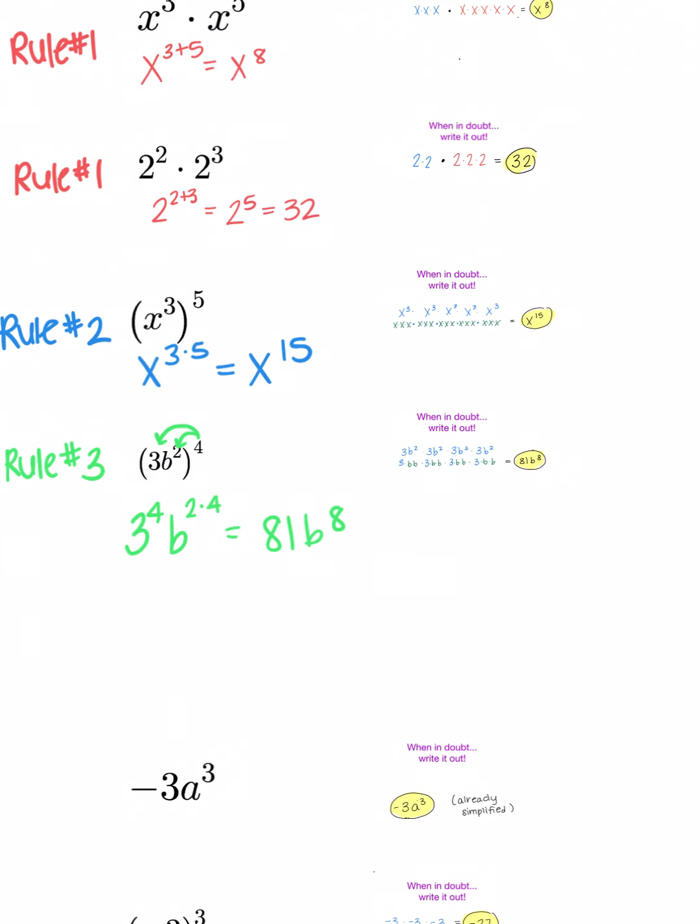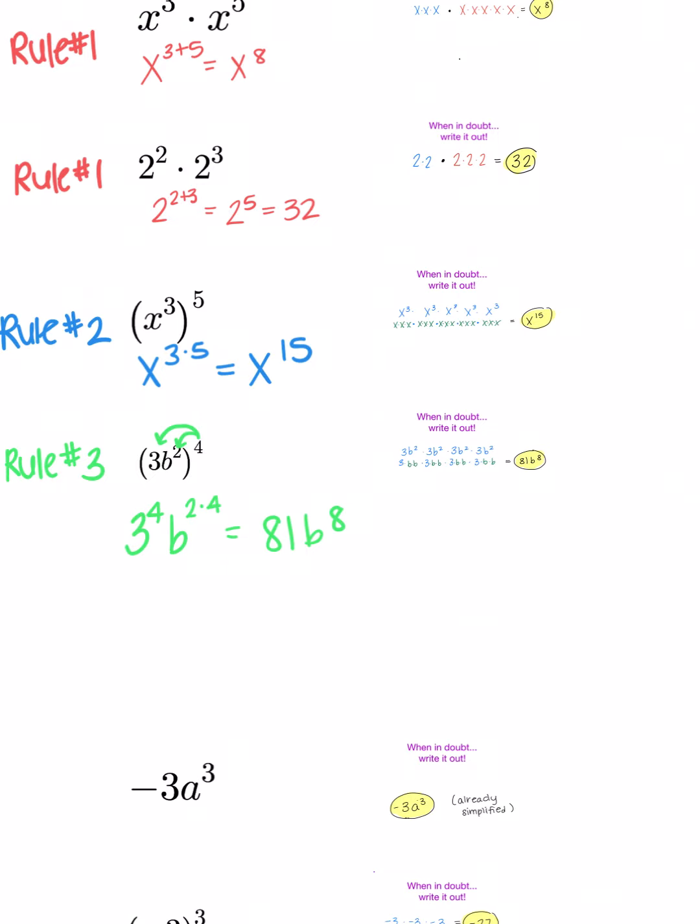We saw that we had 3 separate b's being multiplied together, or 3 to the 4th, that gave us that 81. And we saw that we had a total of 8 b's being multiplied together, which gave us that b to the 8th. Rule number 3 allows us to shortcut writing out everything. But please remember, when in doubt on the rules, always write it out.